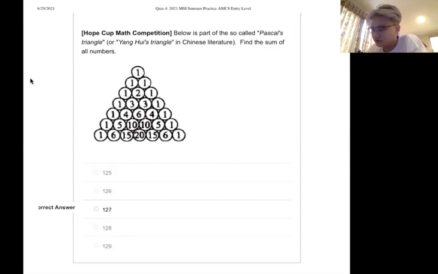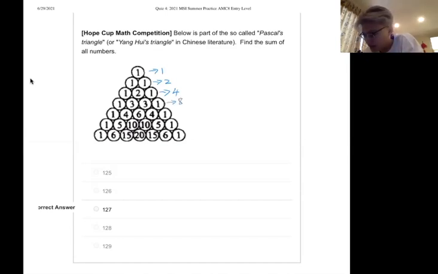For the first row, the sum is 1. Second row, 1 plus 1 equals 2. And third row, 1 plus 2 plus 1, that will be 4. And the fourth row, 1 plus 3 plus 3 plus 1, that's 8.